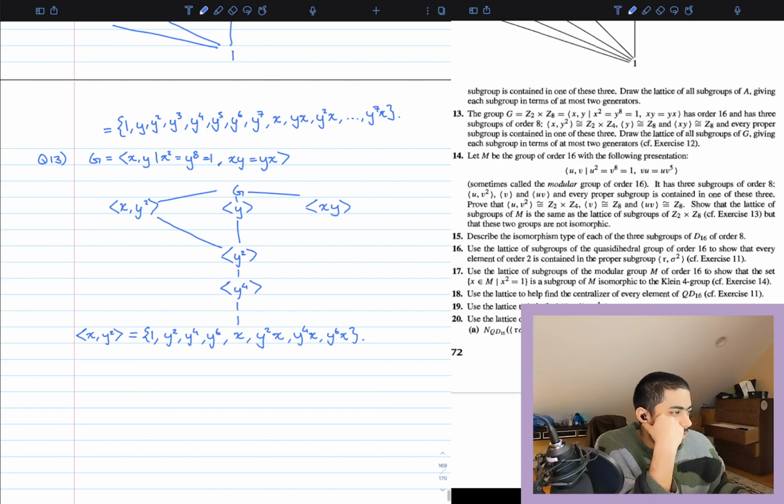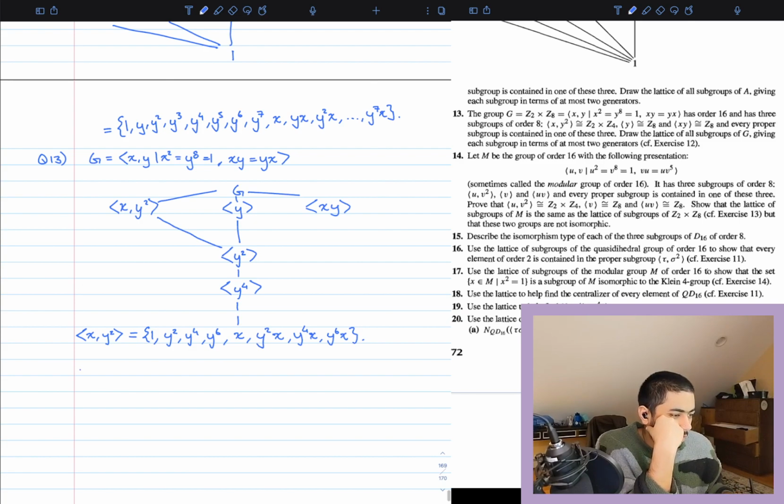What about xy? What happens when you square xy? You get x squared y squared, again because they commute. But x squared is 1, so this is just y squared. And then when you multiply by another xy, you get xy cubed. Okay.